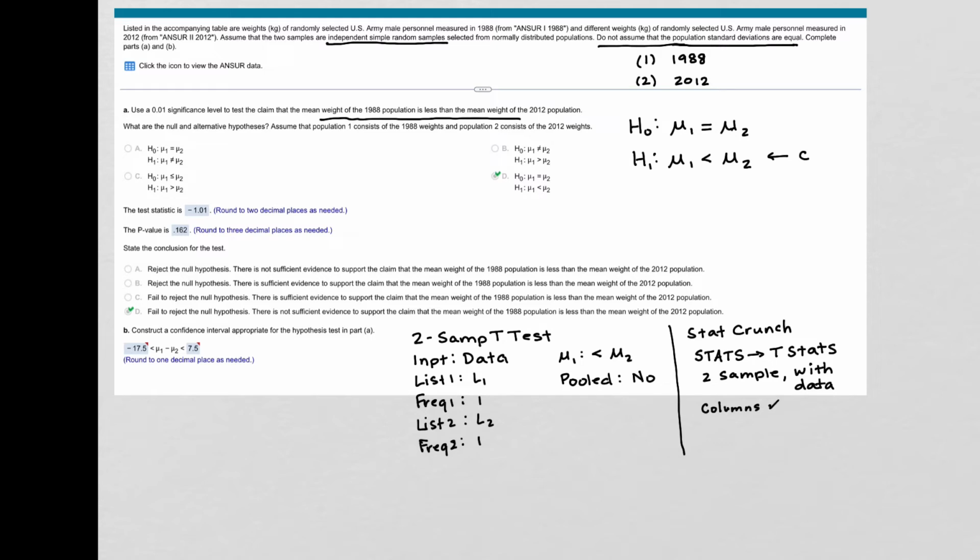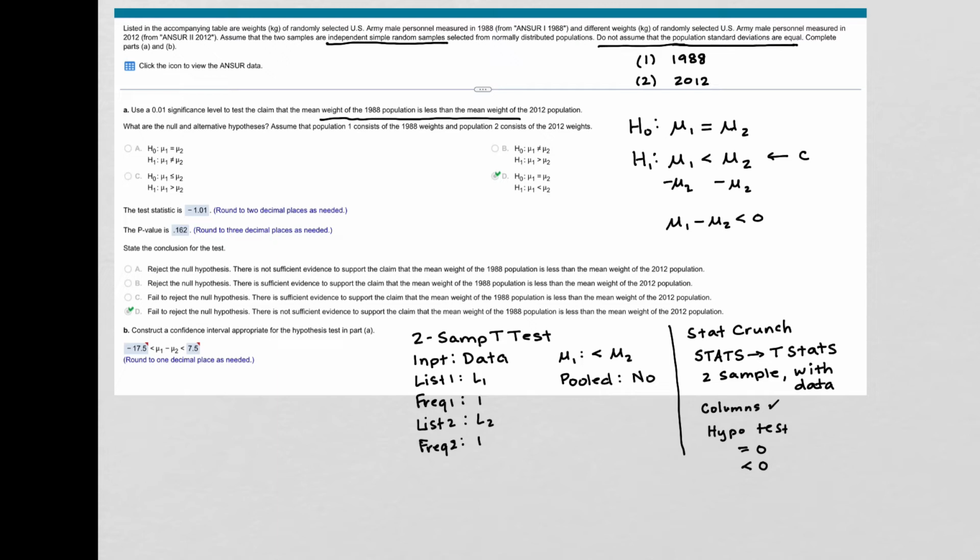So choose my columns, and then for the hypothesis test, I'm going to put equals 0 for mu1 minus mu2 and less than 0 for mu1 minus mu2. You can think of this as just subtracting mu2 from both sides in my alternative hypothesis, and we get mu1 minus mu2 is less than 0. It's equivalent to what we had there.